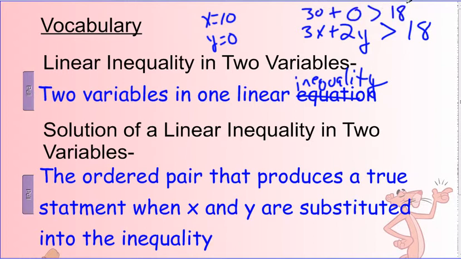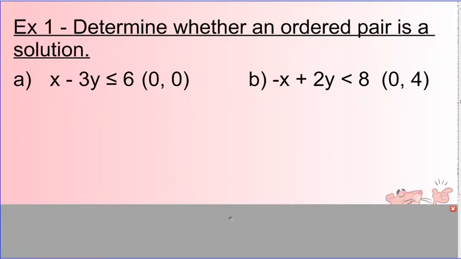Is that bigger than 18? Yes. So the point (10, 0) would be a solution to this inequality. And we're going to see there's actually an infinite number of solutions for these problems. Okay? So before we get into the actual graphing, let's start by determining whether an ordered pair is a solution.